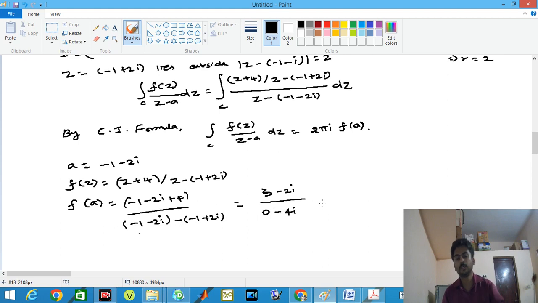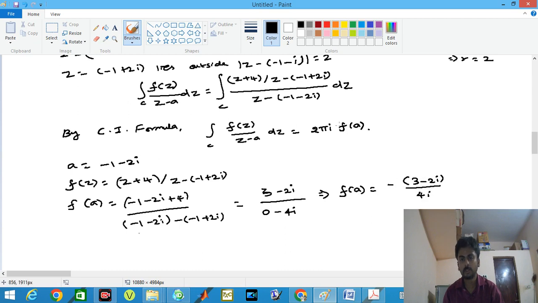So we have 3 minus 2i divided by minus 4i. Okay, so our f of a can be written as f of a equal to minus of 3 minus 2i divided by 4i.